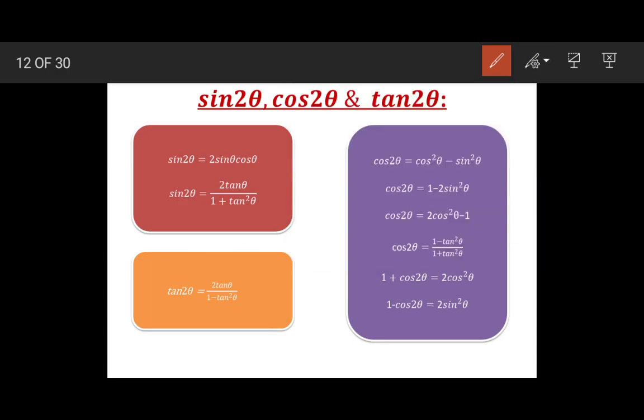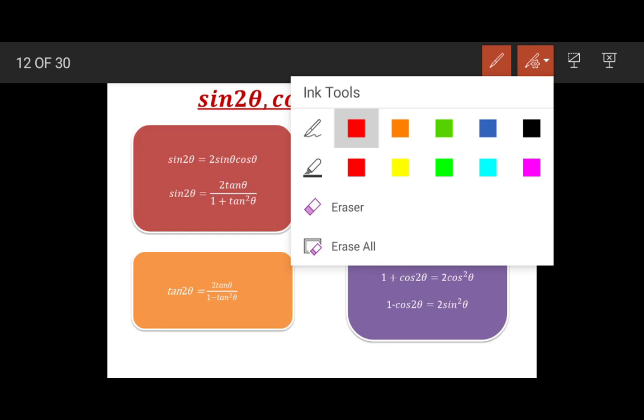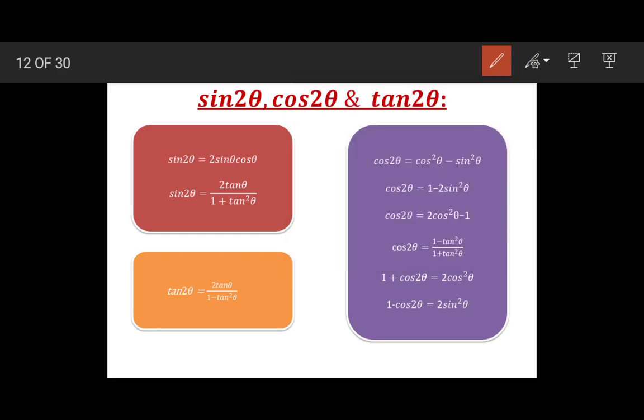Now students, please pay attention. Just check the sin 2 theta formula in terms of tan theta and the tan 2 theta formula. Sin 2 theta is 2 tan theta upon 1 plus tan square theta, right?